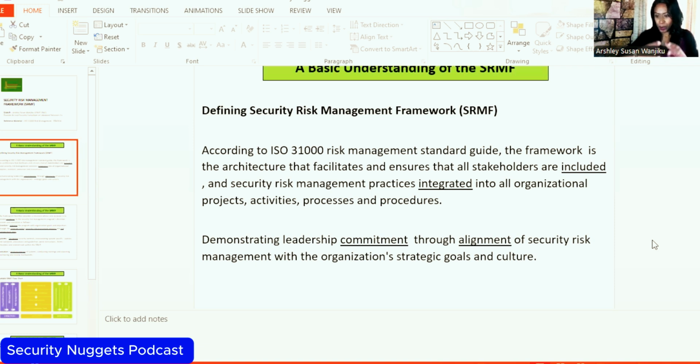Now, commitment is vital. Leadership commitment is vital for a security risk management program to be effective. I like to say that the leadership support and extent of commitment is the glue that holds the security risk management program together. You cannot have an effective SRMP without leadership support. It will fall apart. Integration is going to be poor and insufficient. Inclusion is going to be poor and insufficient.